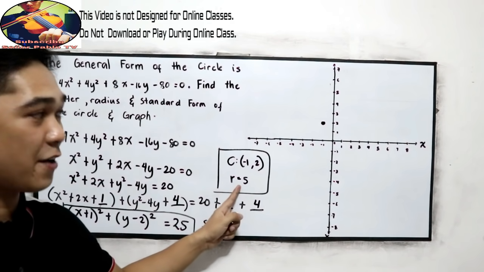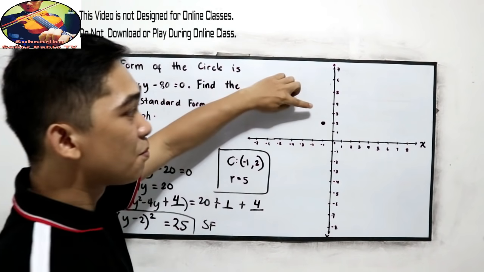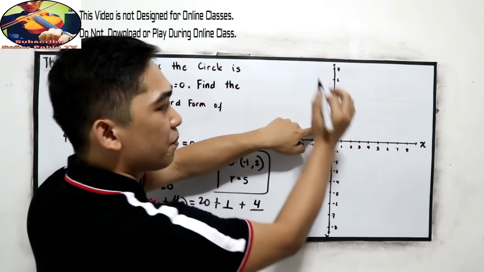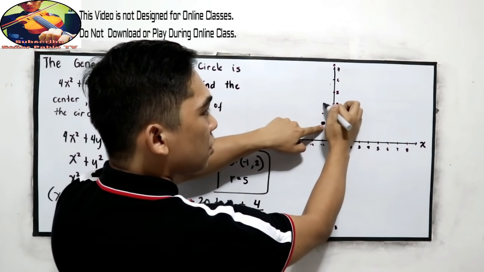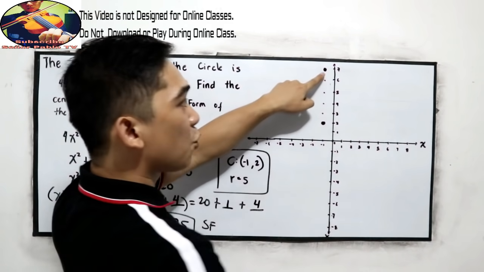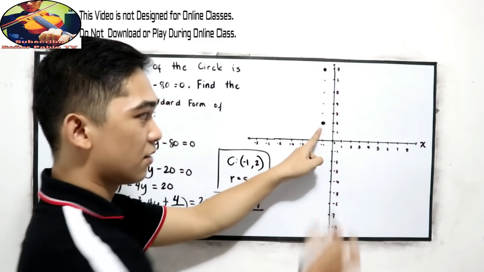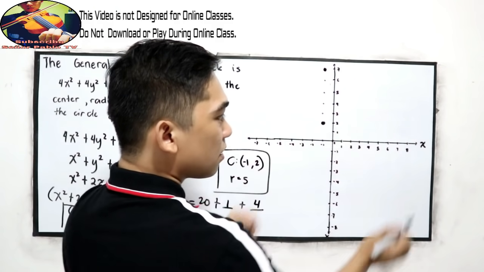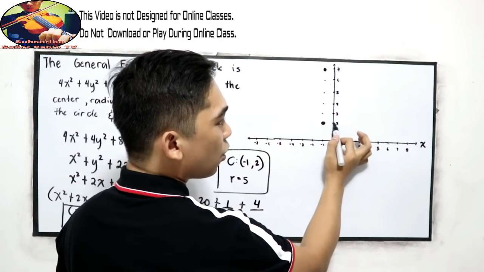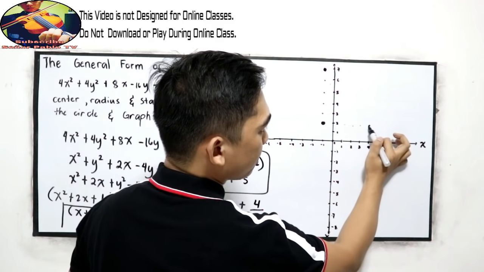Our radius is 5. To find the other points, let us count from the center 5 units up. So 1, 2, 3, 4, 5. That will be our topmost point. Rightmost, count 5 units from the center, 1, 2, 3, 4, 5.